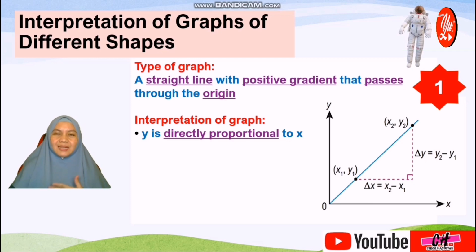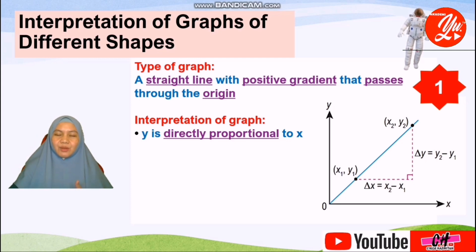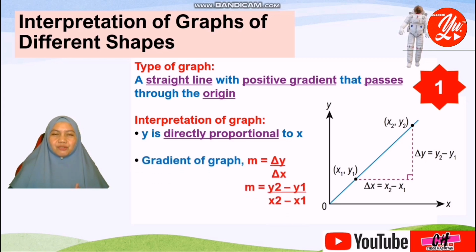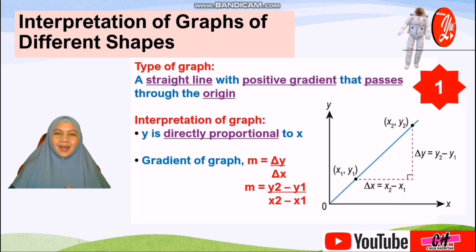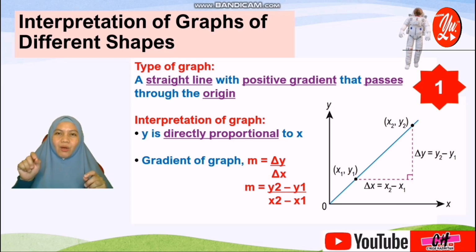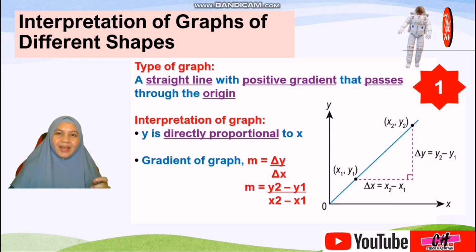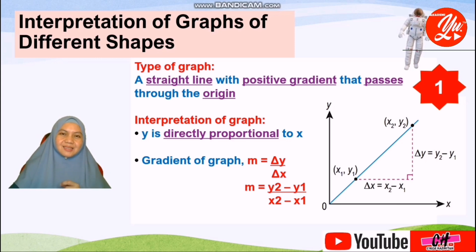Okay, so what else can we determine from this graph? You can find the gradient. How to find the gradient? You can mark any 2 points along the line and calculate the gradient by delta y divided by delta x.